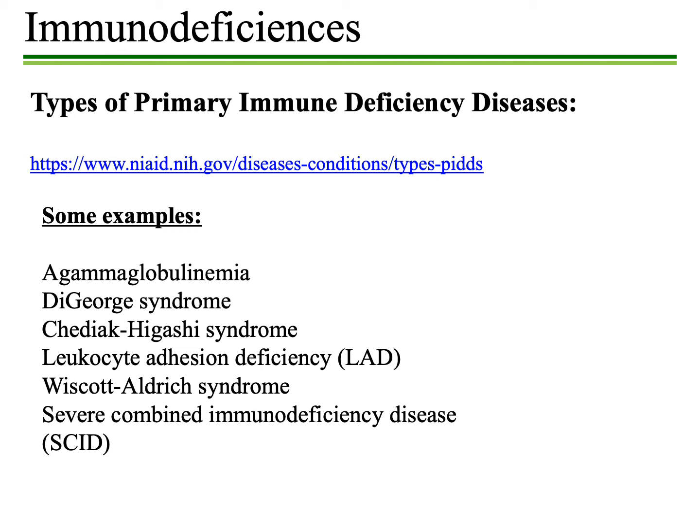The next one, known as LAD, or leukocyte adhesion deficiency, is a genetic disorder where there is a mutation in a gene for a protein known as LAD1. LAD1 is part of the integrin system and is essential for leukocyte adhesion.